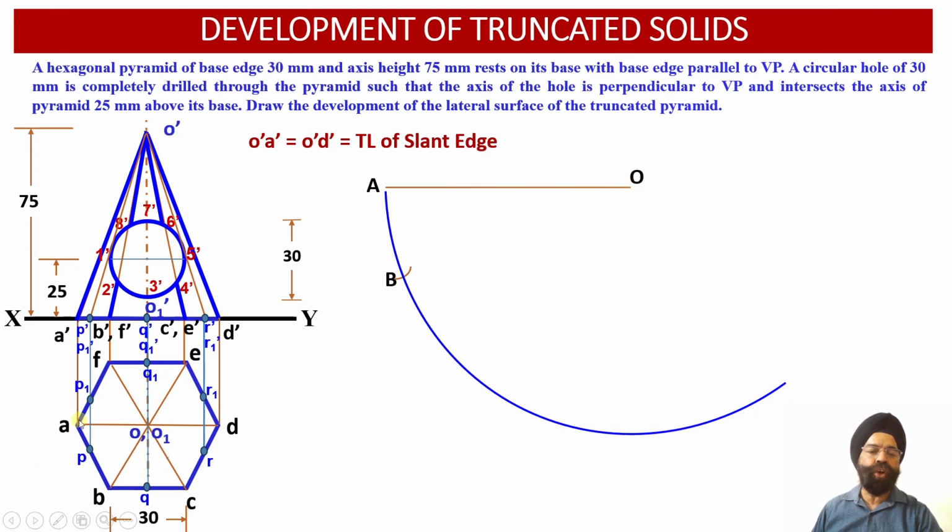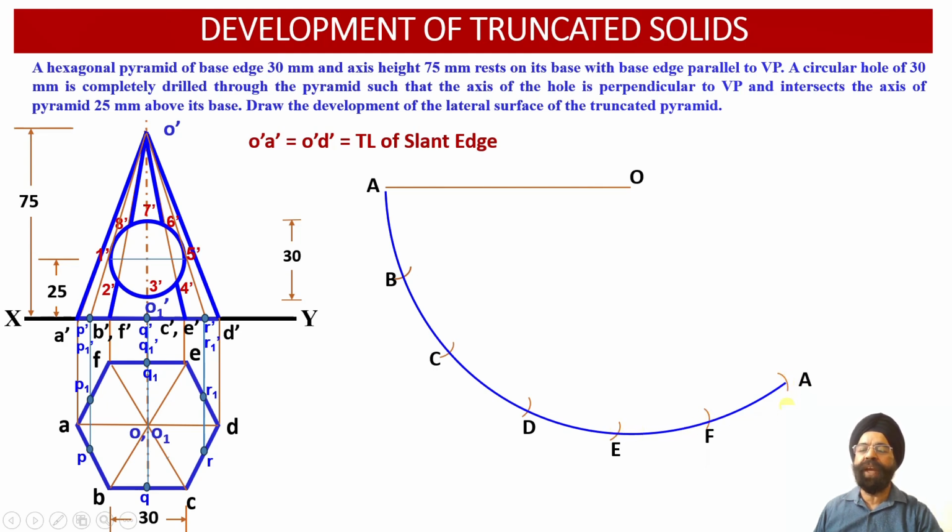Now we have also got the true length of the edge of the base as 30 millimeter. So from point A, we are going to mark 6 arcs so that the 6 corners of the base we are able to locate. So A to B it will be 30 millimeter. BC will be 30 millimeter. CD is 30 millimeter. D arc we have drawn equal to radius 30 millimeter.